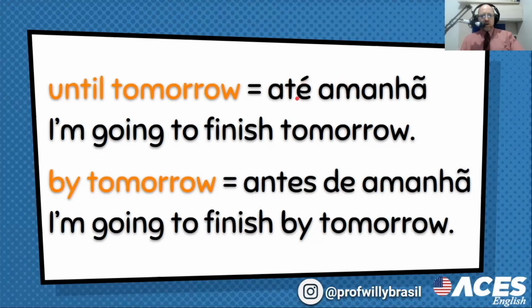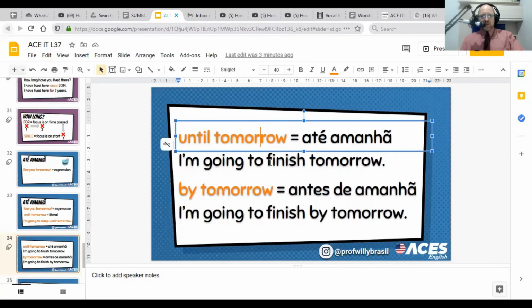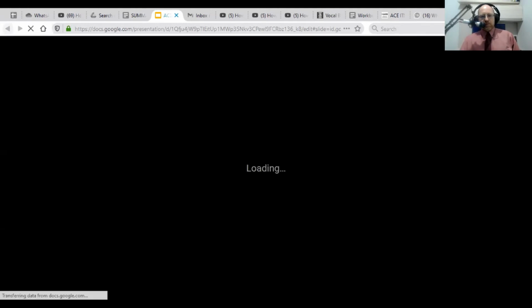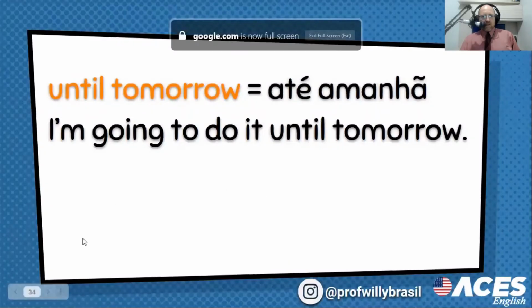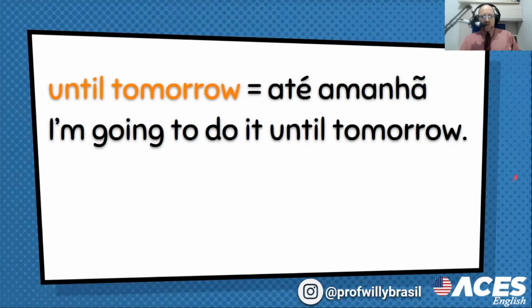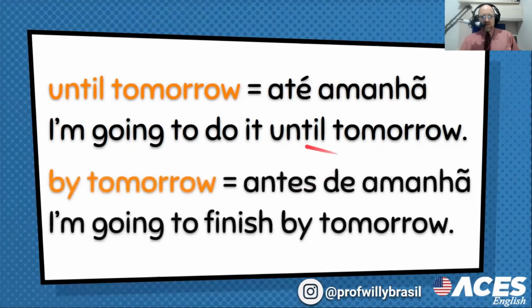Okay, and actually what I wanted to say here is I'm going to do it until tomorrow. So I'm going to do something until tomorrow. Eu vou parar amanhã. Okay, I'm doing something now and then I'm going to stop tomorrow.